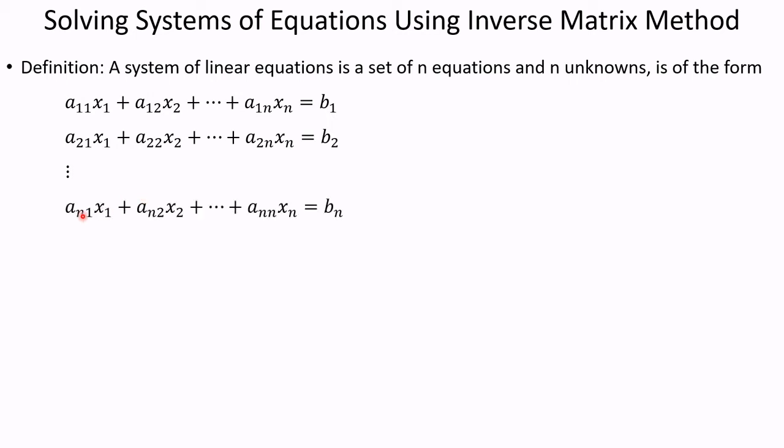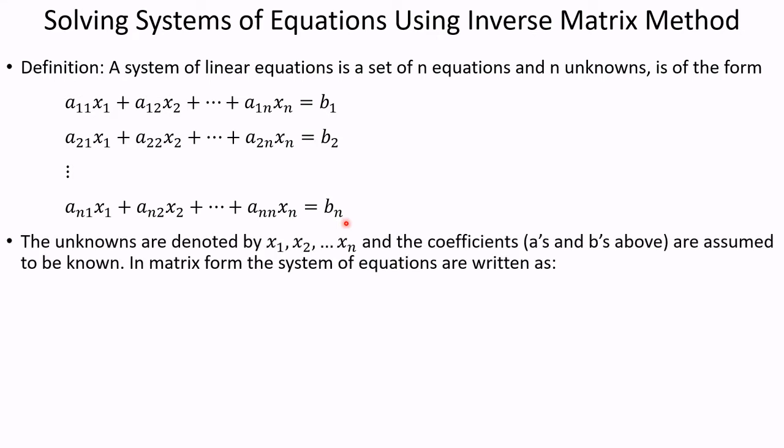The last, nth row, will be written as an1 x1 plus an2 x2 plus etc. up to ann xn equals bn. These unknowns are denoted by x1, x2 up to xn, and the coefficients a and b are assumed to be known.